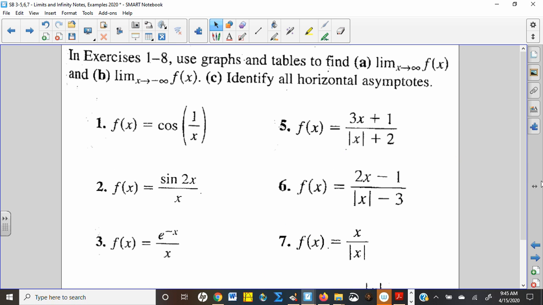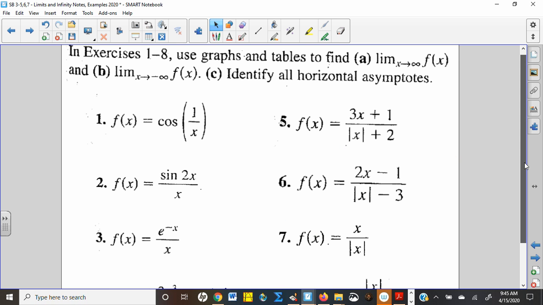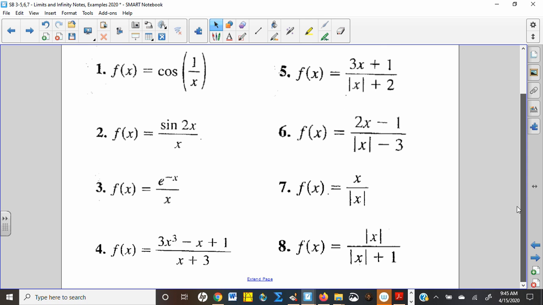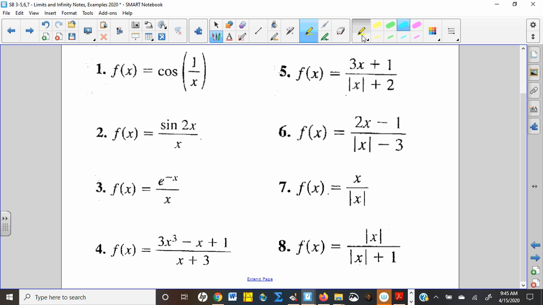There weren't really any other questions in here. But I did want to bring up the fact that we can use the end behavior ideas we talked about earlier with these functions, even though these aren't rational functions. I guess actually number 4 is. This is a big topic we'll be talking about today, but number 4, when you see that the power of the top is bigger than the power of the bottom, we know it's a diverging function in the end behavior model.